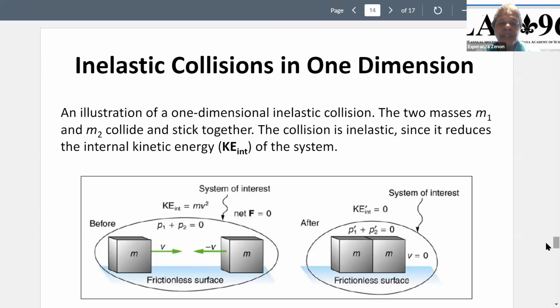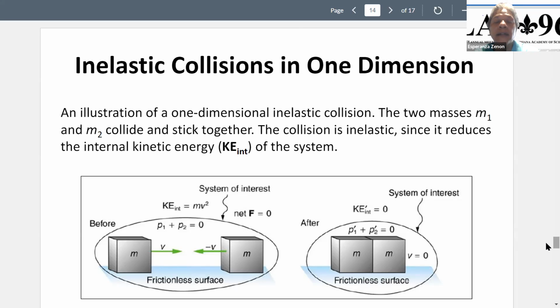Let's look at these objects after they collide. Well, you can see after they collide, they're stuck together. They're no longer separate. But the total momentum after is still 0. Why? Because the momentum is being conserved. But look at, in the beginning, our kinetic energy is mv squared. Don't worry about how they got that.